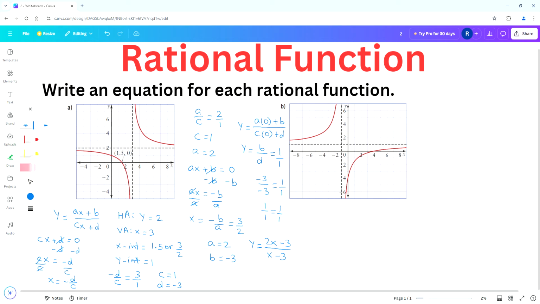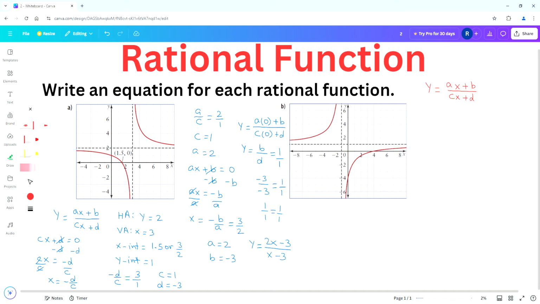In part B, the graph has one vertical asymptote. We can write the general equation for this function as y equals (ax plus b) over (cx plus d). We have to find the values of a, b, c, and d for this given graph. Let's identify the key features of this graph.